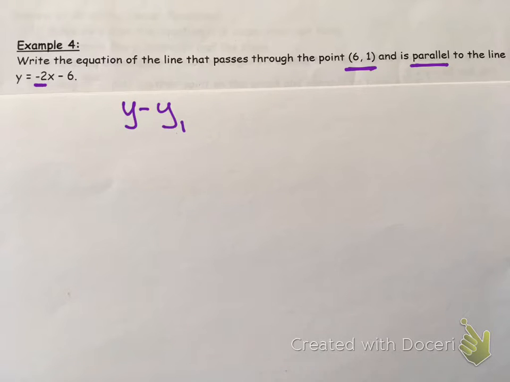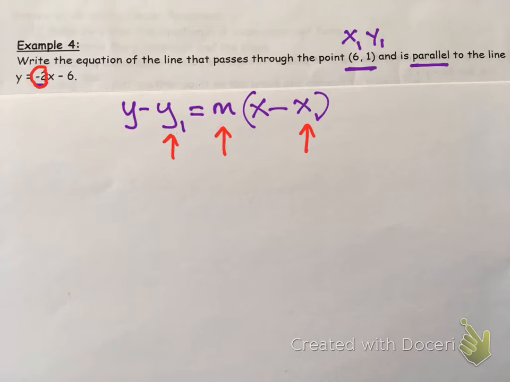This is our point slope formula. Our point is x1, y1, which is 6, 1. So here we need to plug in our x1, y1, and our slope. Now we know that our slope is negative 2 because it's parallel, and parallel lines have the exact same slope.